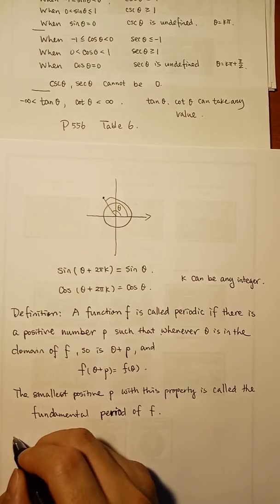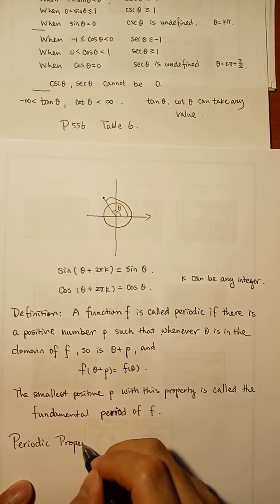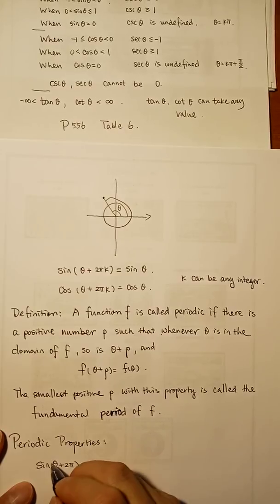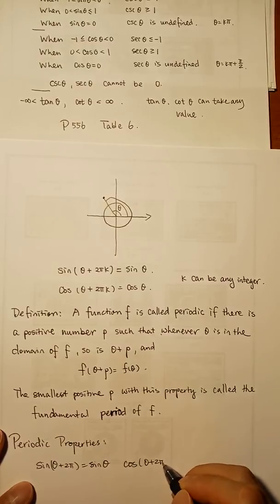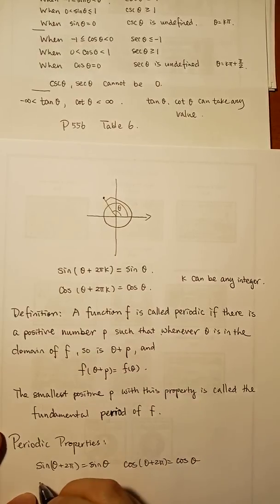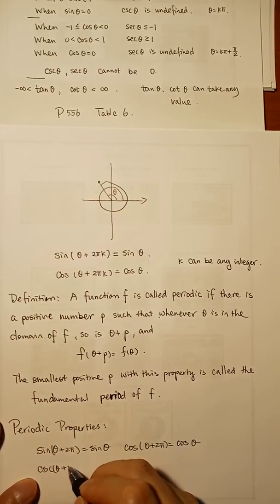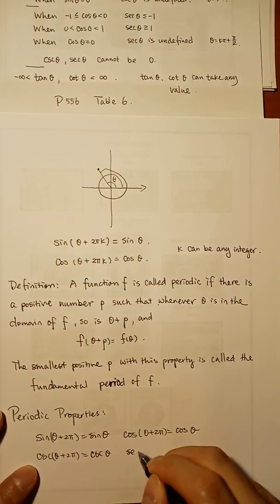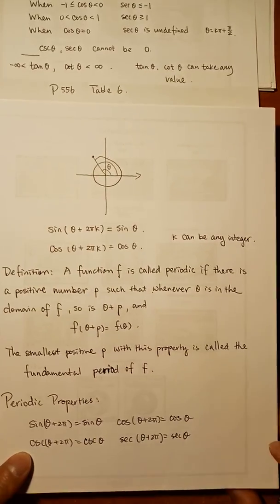So the periodic property is the following. For sine, you need 2 pi. Cosine, you need 2 pi. Because cosecant and secant are just simple reciprocals of sine and cosine, cosecant needs 2 pi as a fundamental period, and secant needs 2 pi.